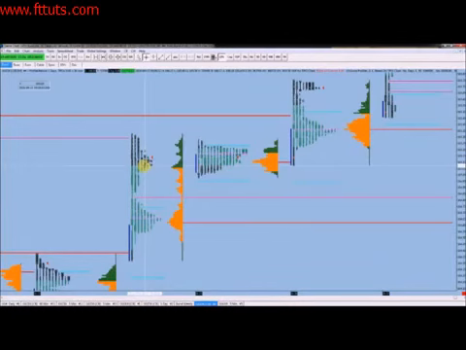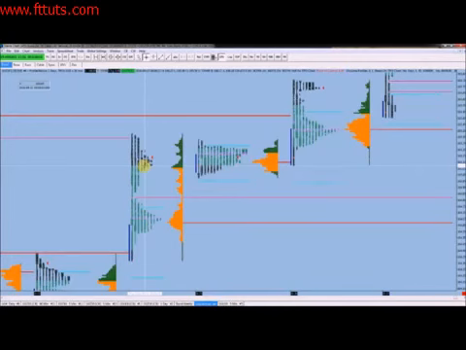Trend days tend to get set and tend to happen from the open to the close. It is also unlikely that a trend day is going to turn into a balance day. So at least some of the crossovers, when they do happen, are a little bit more manageable.